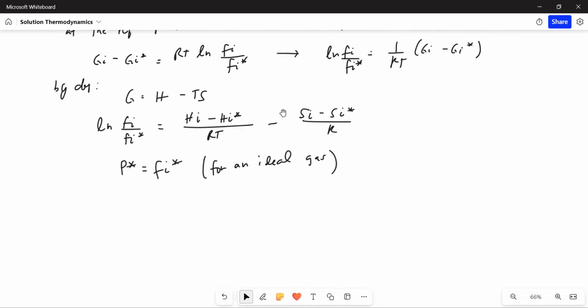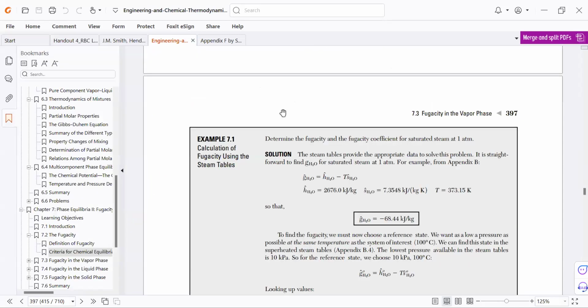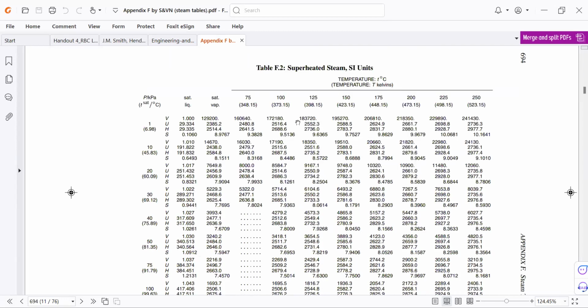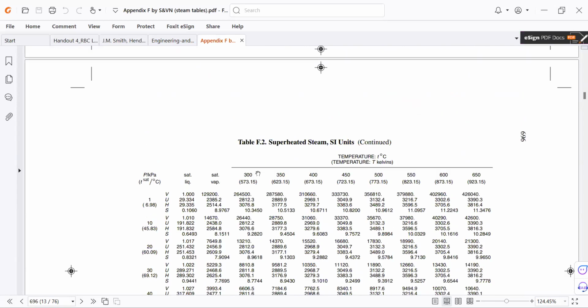How can we do that? We just simply need to look at the steam table again. So let's go back to the steam table. Our goal is to find the lowest pressure possible for this gas. This is the steam table, and let's go to the superheated section, where water would behave as gas. And then look at the temperature 300.